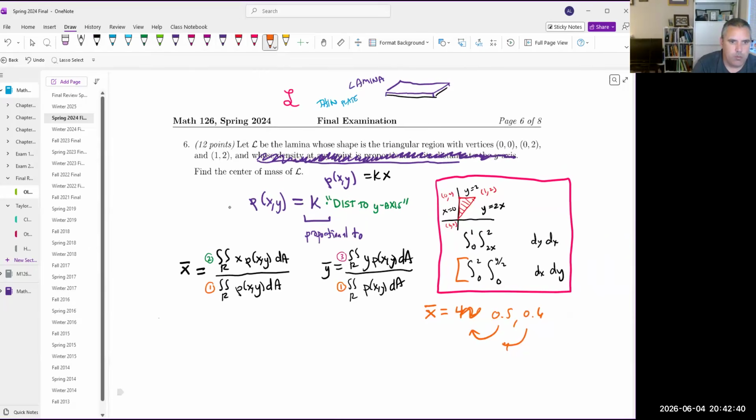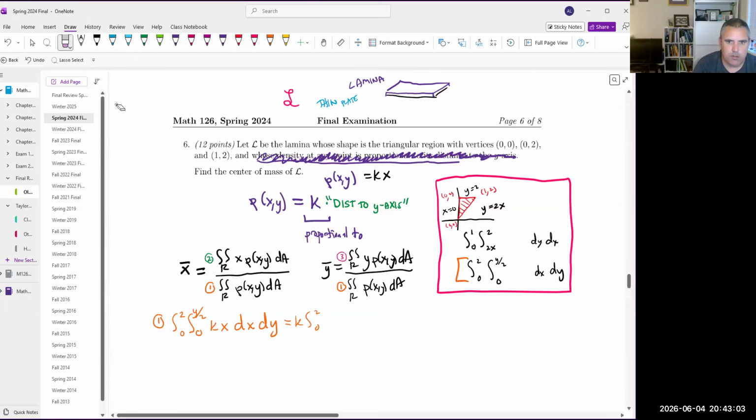Number 1, the integral from 0 to 2, the integral from 0 to y over 2, kx dx dy. I'm going to pull the k all the way out. Let's switch to some other evaluation color. Equals k, the integral from 0 to 2, 1 half x squared from 0 to y over 2 dy.